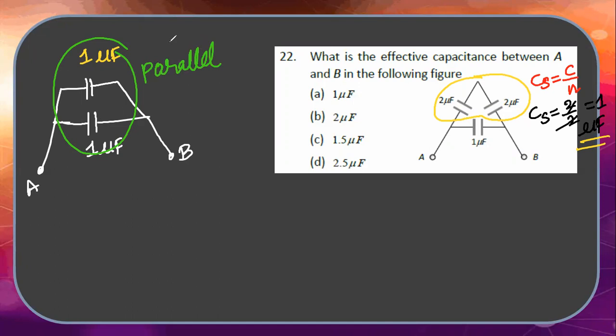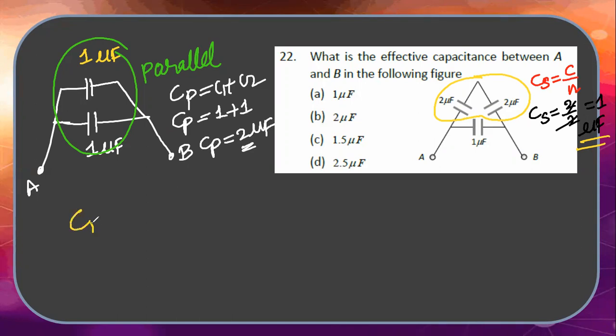As they are in parallel, CP is equal to C1 plus C2, which is 1 plus 1, so CP is equal to 2 microfarads. Effective capacitance CAB is equal to 2 microfarads.